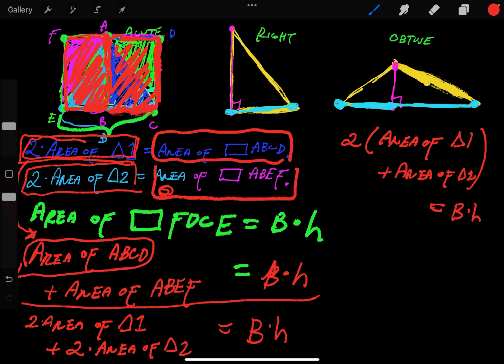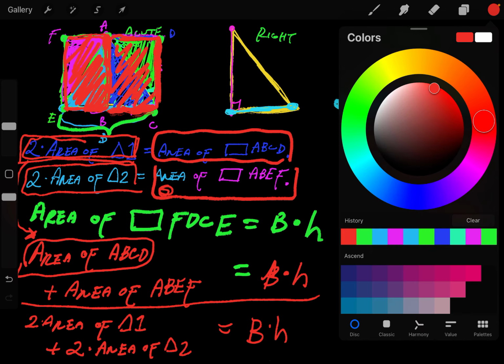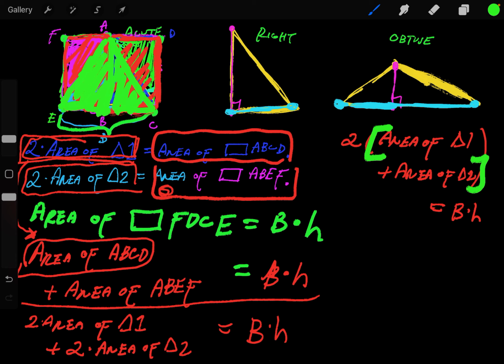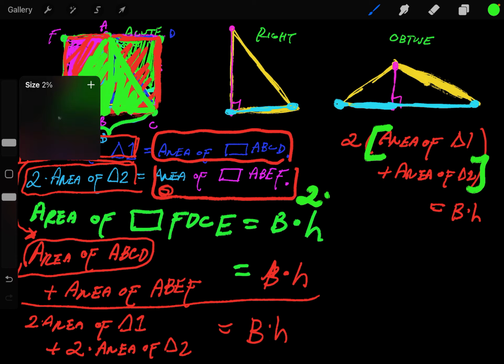The final step is that we should see that the area of triangle 1 plus the area of triangle 2, that's this, right? This is the area of triangle 2, this is the area of triangle 1, right? The sum of these areas is the area of the entire triangle. So this is 2 times the area of the original triangle that I drew.